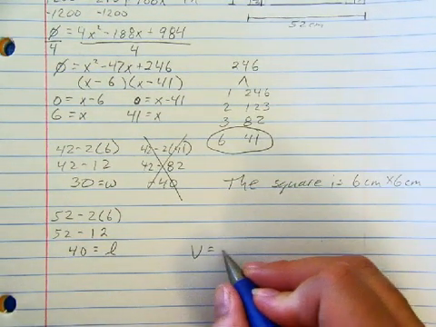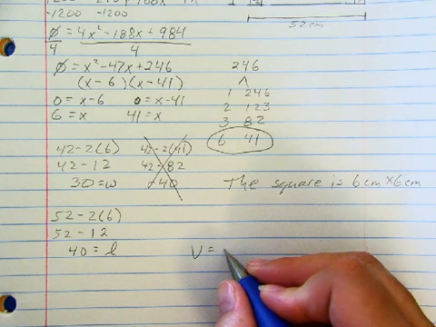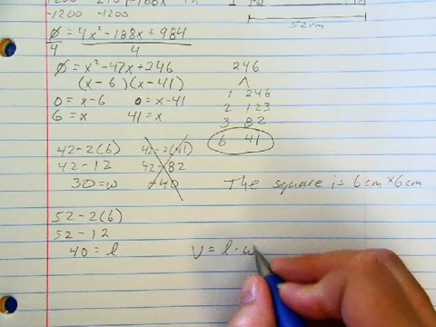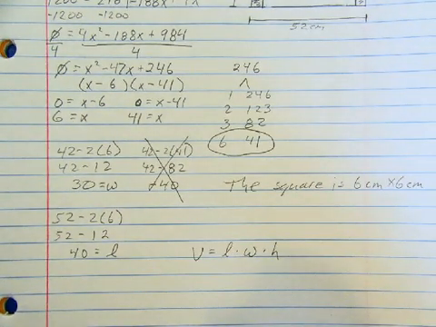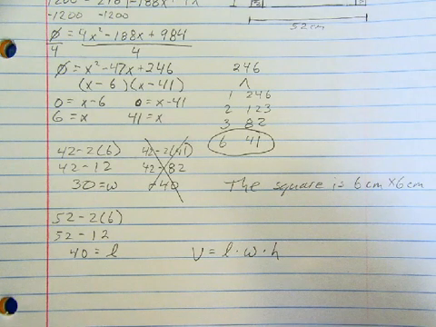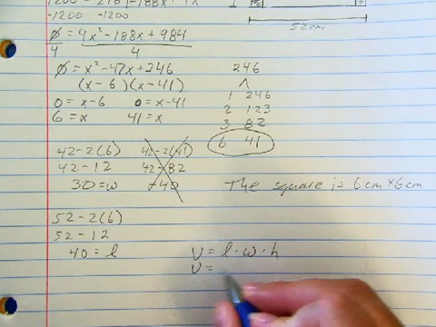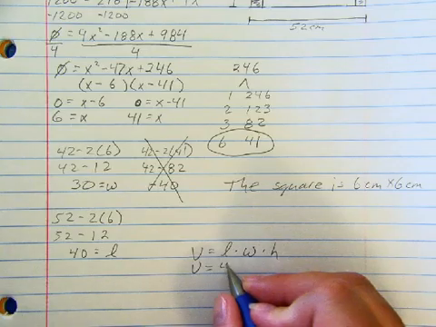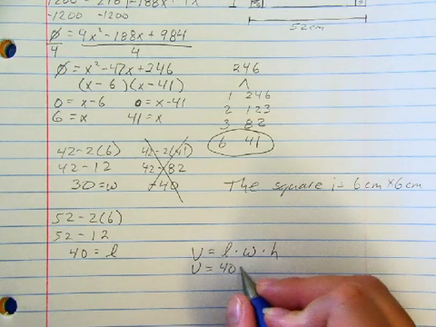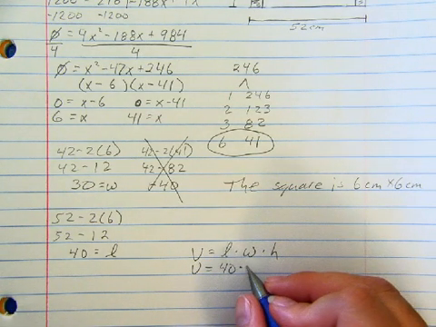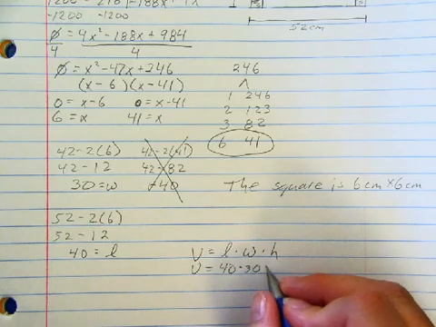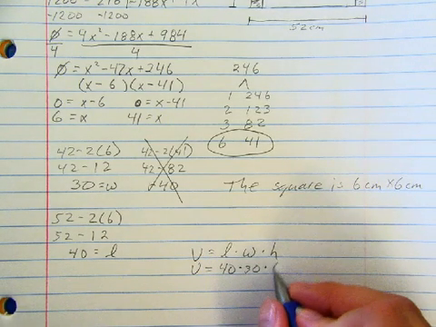Remember, volume equals length times width times height. Okay, and so if we're thinking about the height of that little box, when you fold the sides up, the height is going to be x. So volume equals length, which is 40, times width, which is 30, times height, which we said was 6.